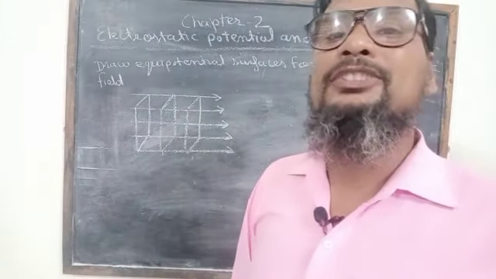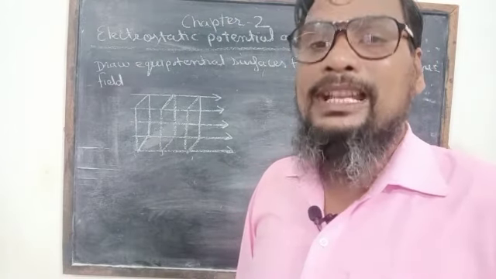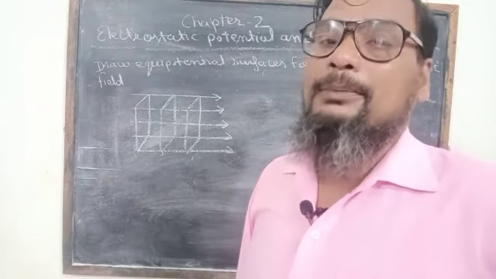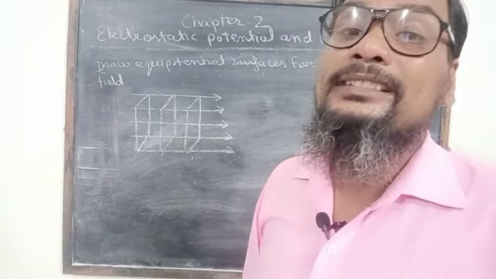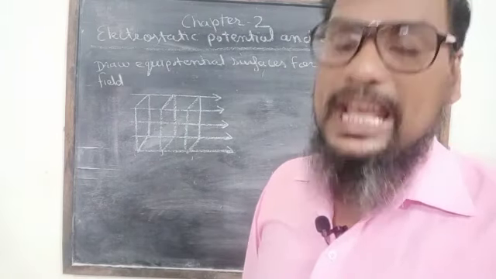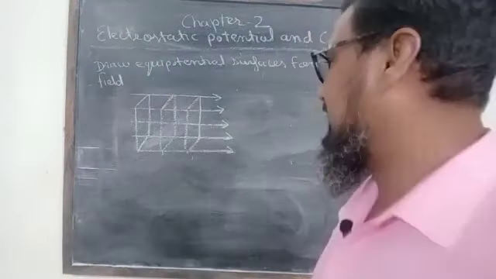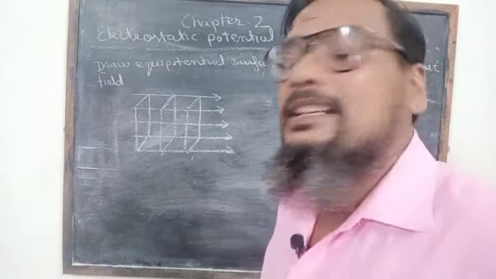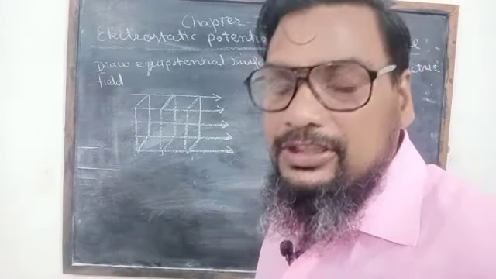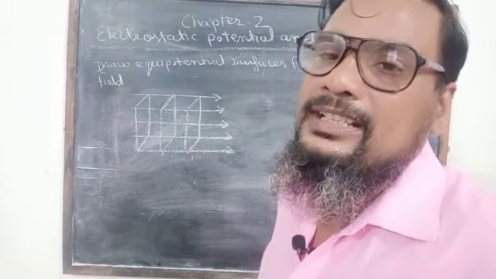If the direction of electric field remains the same, but the magnitude of electric field intensity increases gradually, then in this case, when the electric field intensity increases, the space separation of equipotential surfaces decreases.